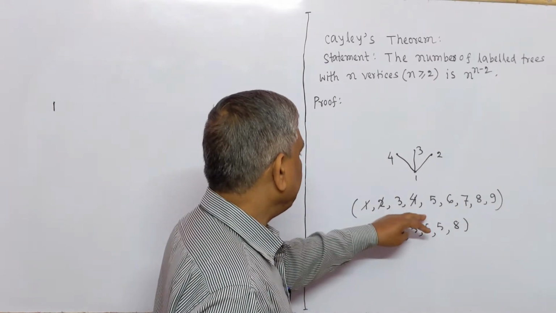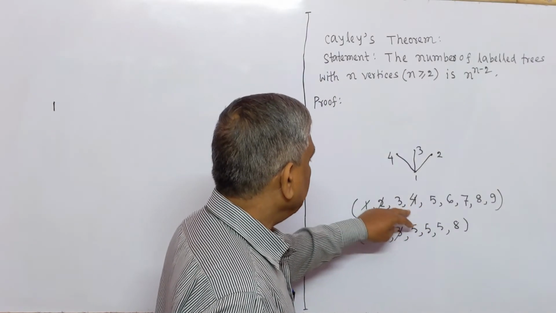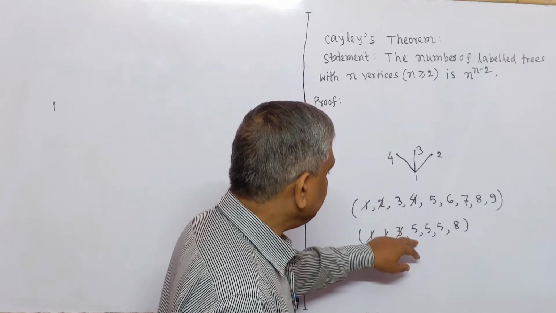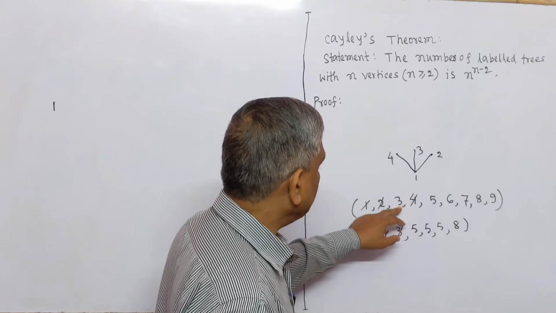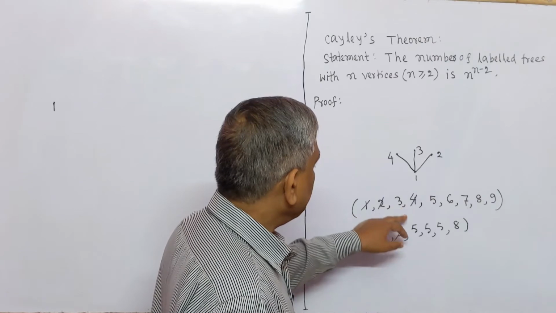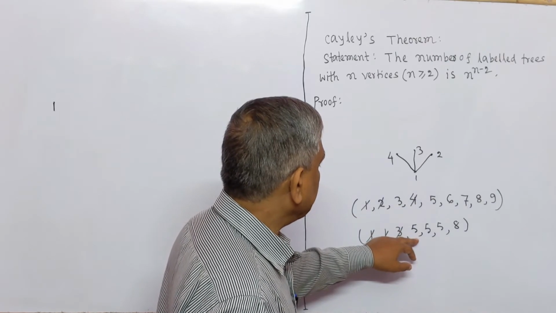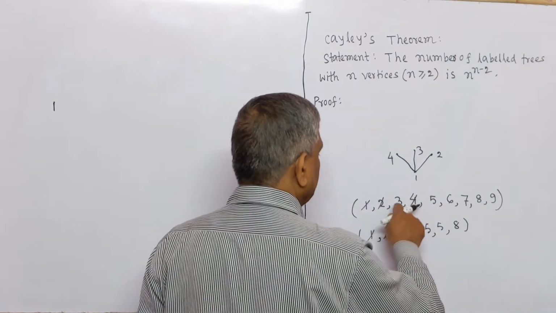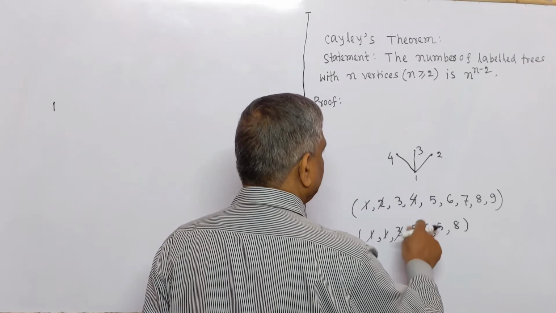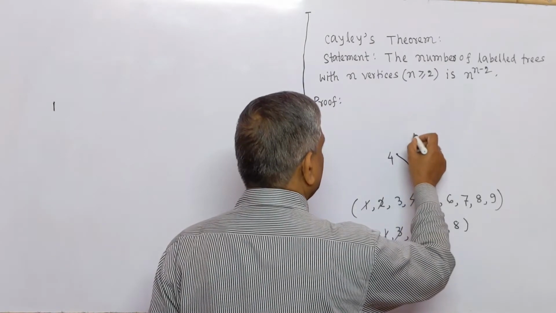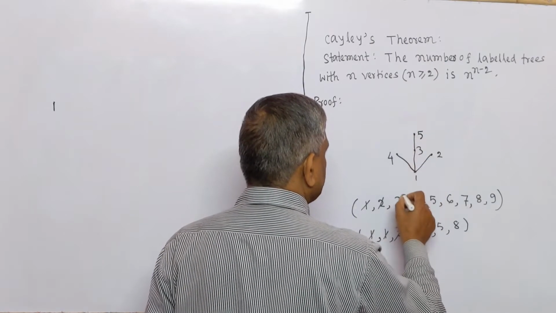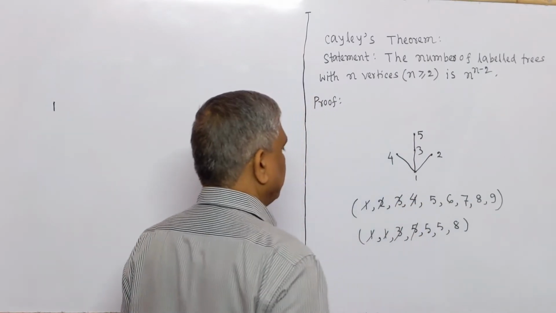Now we select a number in this sequence which is not present in the second sequence. Here 3 is not present in the second sequence. Then we connect 3 and the first number 5. 3 and 5. We cancel 3 and this 5.